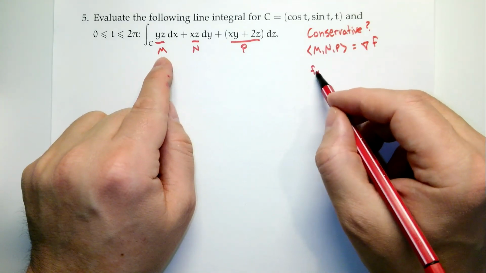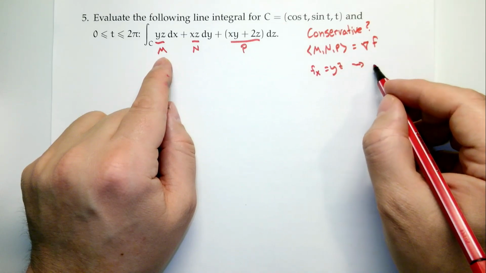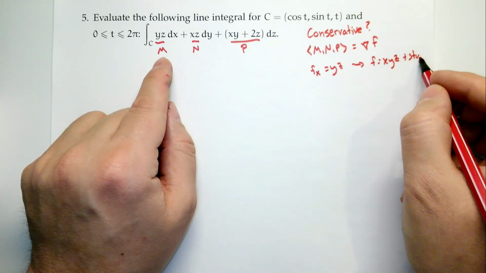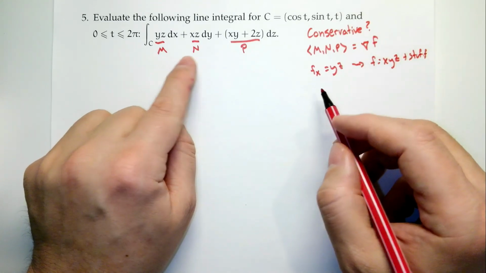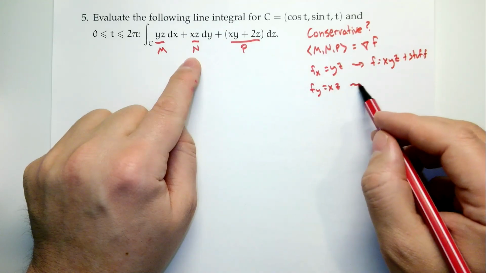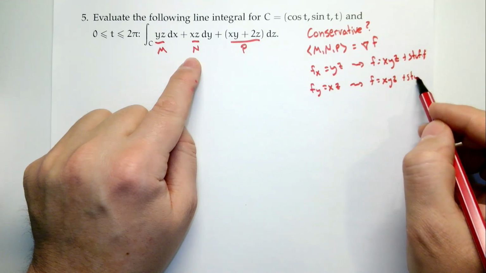Well, okay, so here's our derivative with respect to x. We know that f sub x is yz, which tells us that f looks like xyz plus stuff. Now, how about f sub y? Well, that's xz. That says f is xyz plus stuff. All right, that's good.